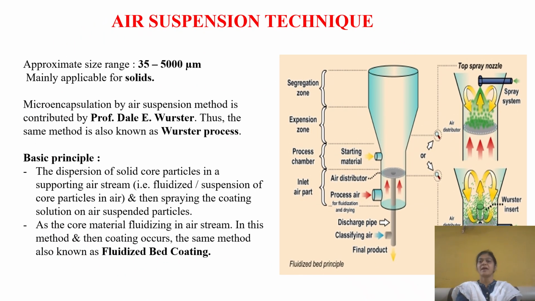As per the diagrammatic presentation here, with the air suspension technique we can form particles in an approximate size range of 35 to 5000 micron, and this is more applicable for solid material.